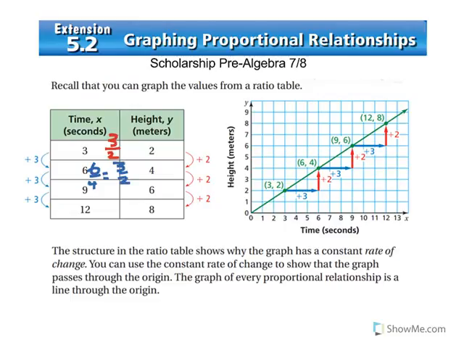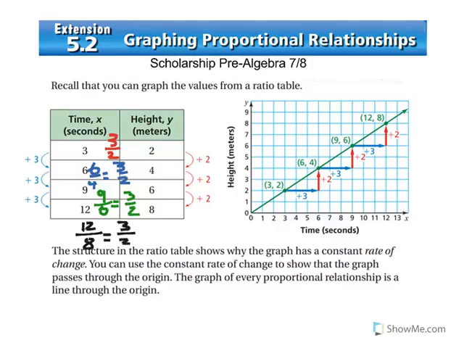And then if I take 9 over 6, and I divide these both by 3, again, I get 3 over 2. And finally, if I get 12 over 8, and I divide these both by 4, again, I'm going to get 3 over 2.